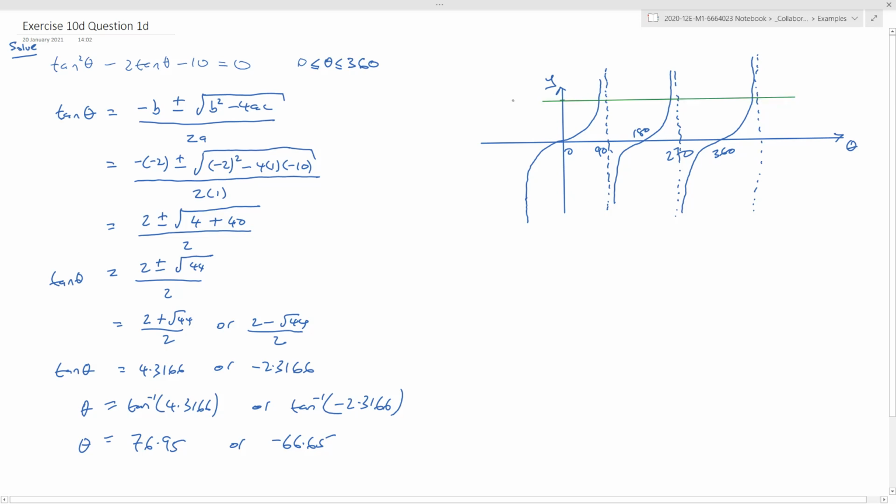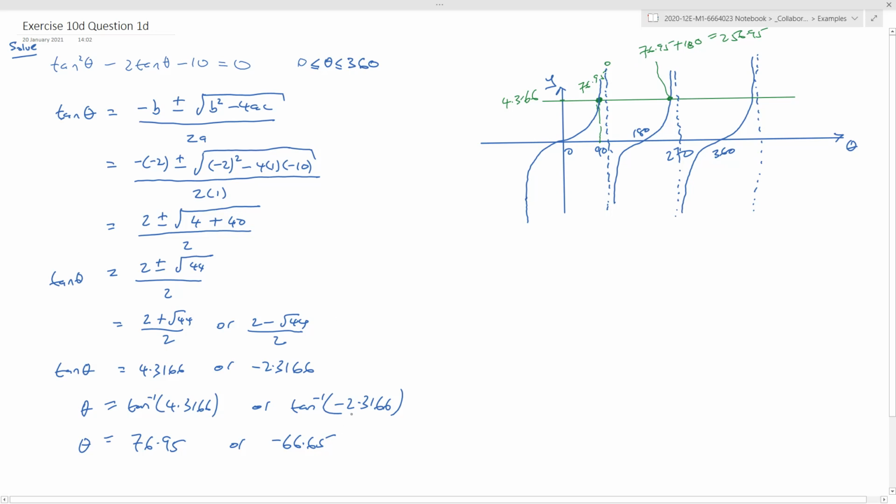So that's 4.3166, giving me a solution there. That solution is the one we got off the calculator, 76.95. Then it repeats every 180 degrees, so I add 180 on. So this solution is going to be 76.95 plus 180, which is equal to 256.95. So that's how you get all the solutions.